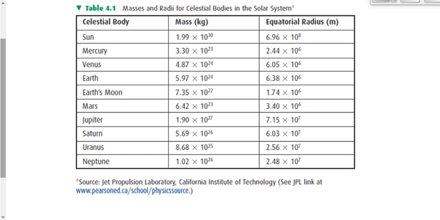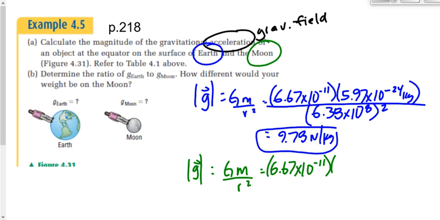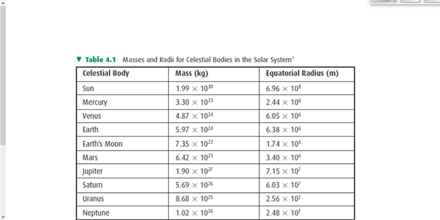The mass is less. The moon has a mass of 7.35 times 10 to the 22, about 100 times less than the mass of the Earth. And the radius of the moon is 1.74 times 10 to the 6.